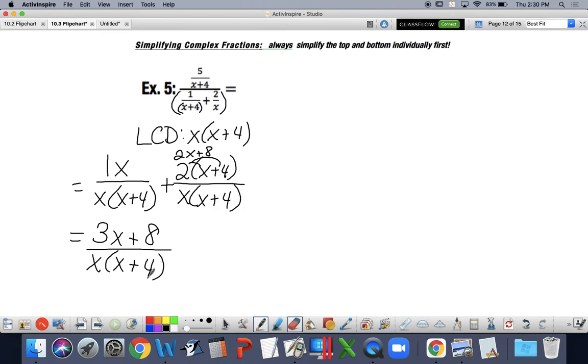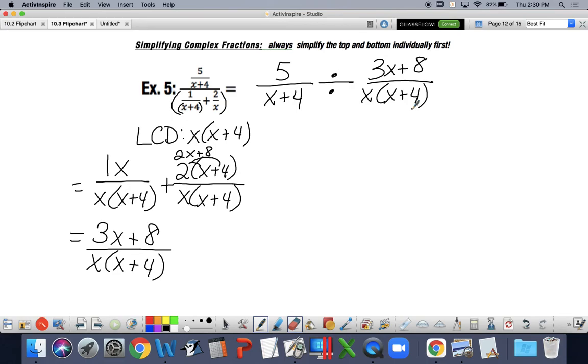So now at least we kind of know what fraction we're working with. And like I said, you can start to cut corners, but I am going to write this whole thing out, especially to make sure we have it correct in our notes. So my first fraction here is 5 divided by x plus 4. I am dividing that fraction by what I just figured out is in my denominator: 3x plus 8 over x times x plus 4. Now I have a problem that we did just last class.